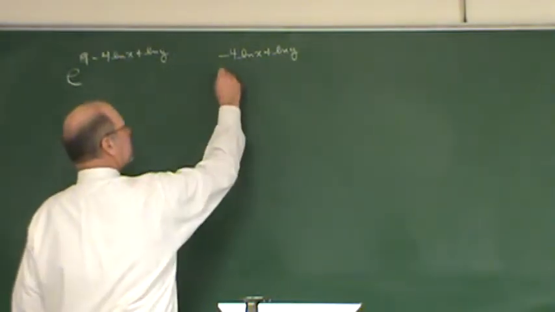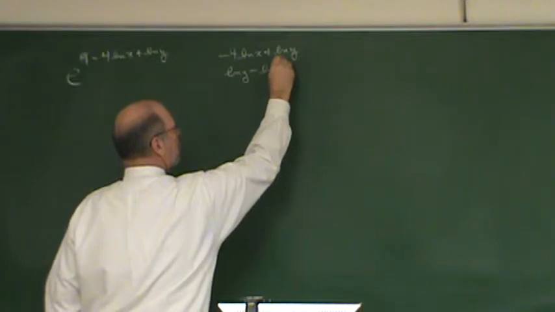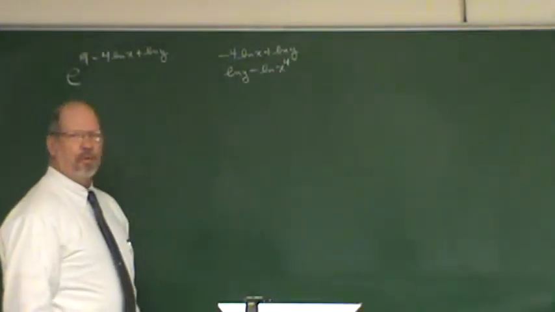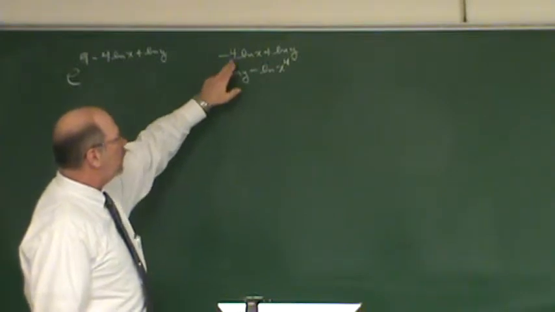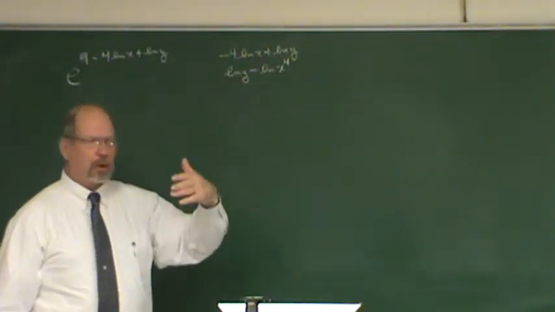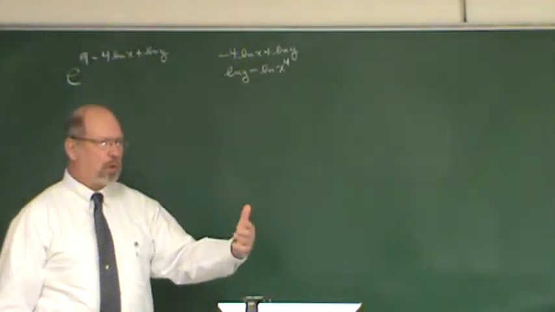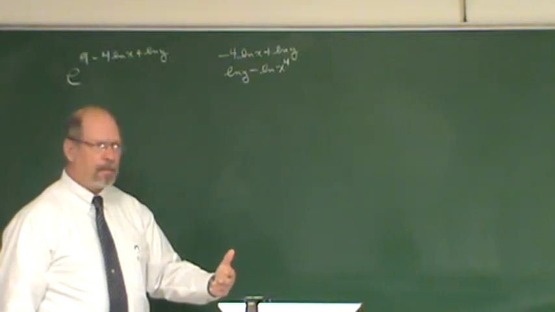So I'm going to think of this as the natural log of y minus the natural log of x to the 4th. And all I did right there is swap the order a little bit. I brought this 4 up on top because that's one of the things about logarithms. They can bring exponents down to the equation where you work with them, and you can reverse that process. Are y'all with me here?